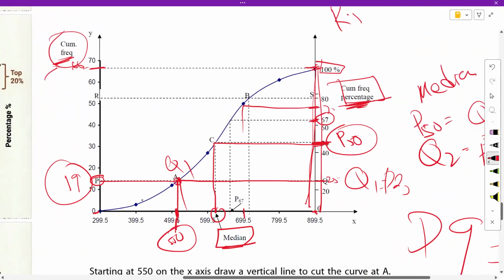So here we find 725. Where is it? 700, and this is almost there.